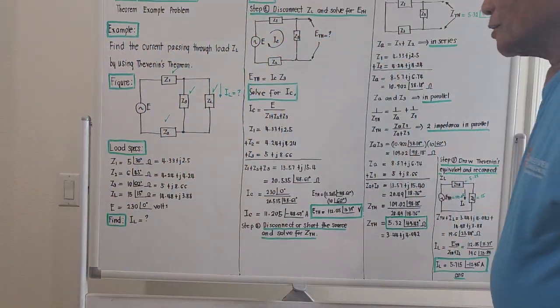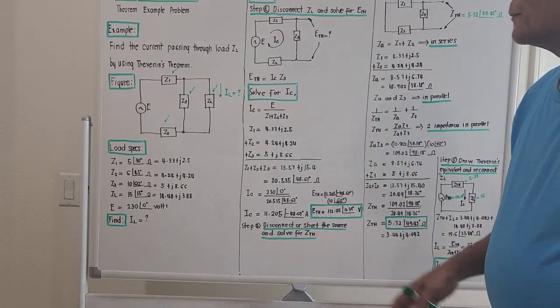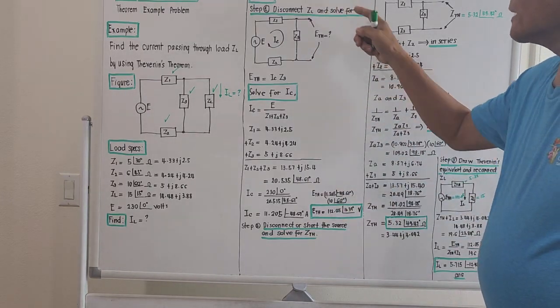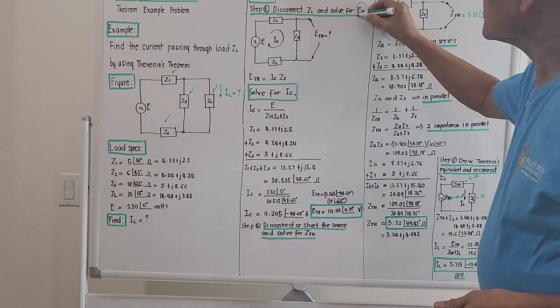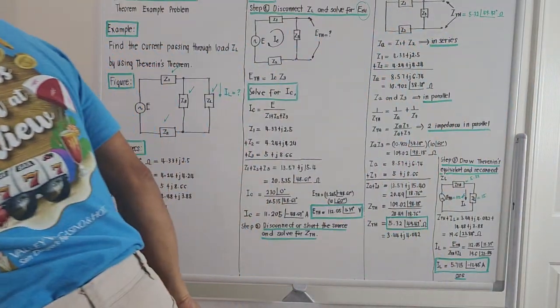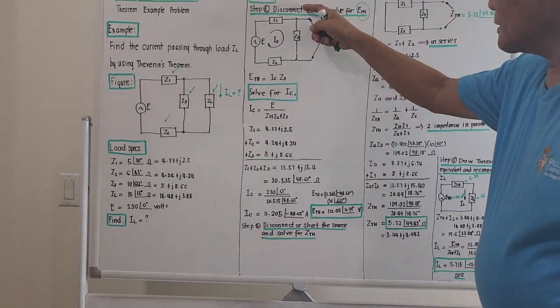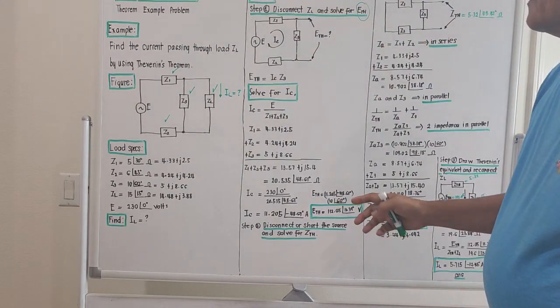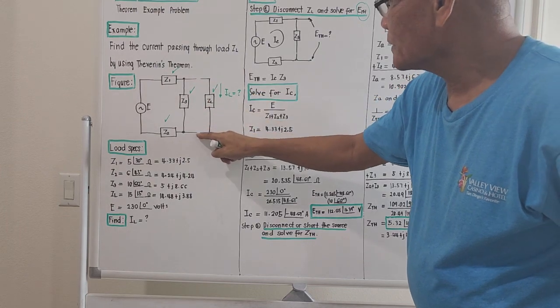Step number 1 under Thevenin's theorem is always like this: disconnect ZL and solve for ETH. Meaning, we'll try to disconnect ZL from the circuit.